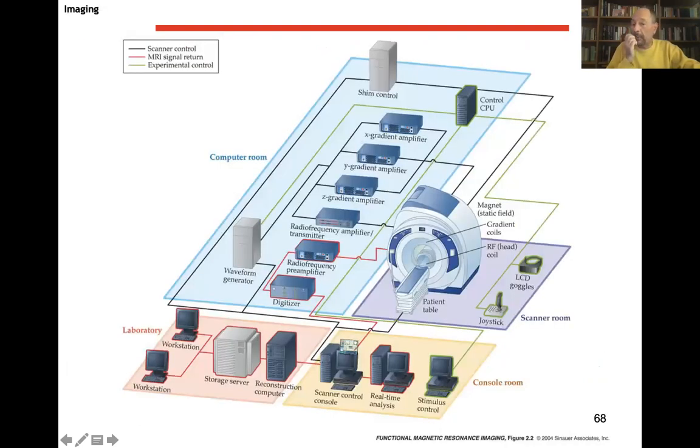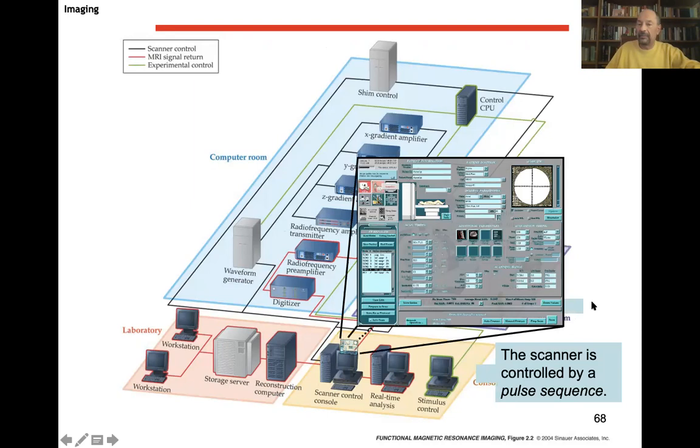The system is quite complex, of course, because you must have, you see, this is where the patient lies, and you will have a static magnetic field, gradient coils, the radio frequency head coils, and then you have a very complex control system that gives eventually the image in the different computers.